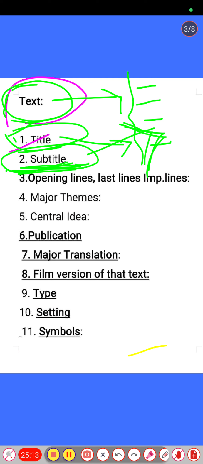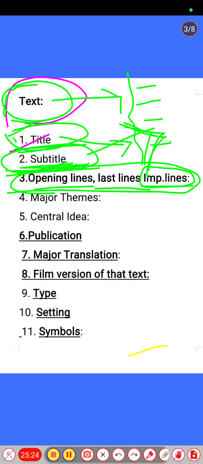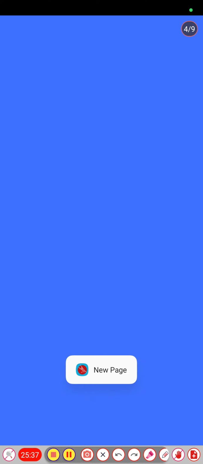Okay, so title, subtitle. Now opening lines and last lines are always very important one. Opening line, last line, and some of the important lines, okay. All lines are not important. Some of the important lines show the whole content of that particular text. Suppose if you read a work called, okay, so this was a recent question that was asked in the exam.